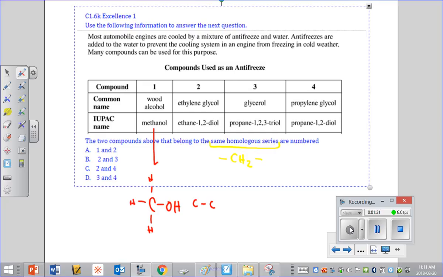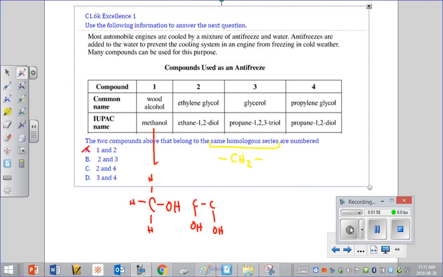So far, this looks good. I'm adding a carbon to the parent chain, but I have 2 hydroxyl groups. And so this is different than the first one. In the first one, I only have 1 hydroxyl functional group, and in this one, I have 2. So even though I've increased the number of carbons in the parent chain, I've also added another functional group. So 1 and 2 is not going to be the best choice here.